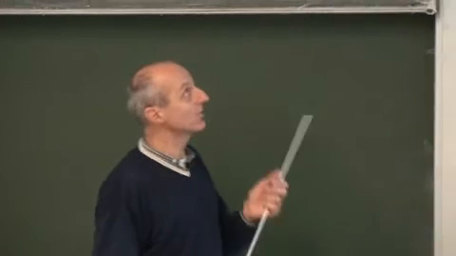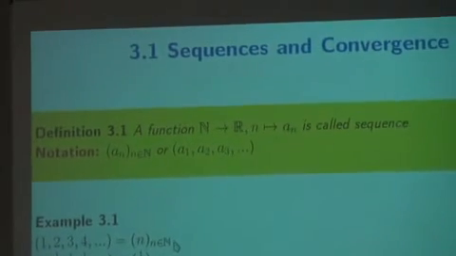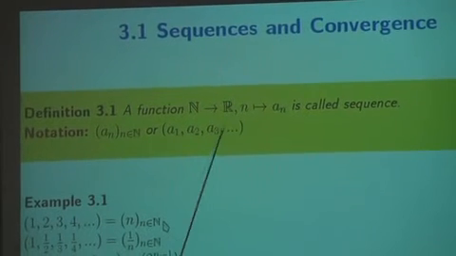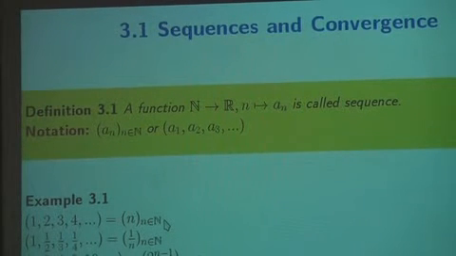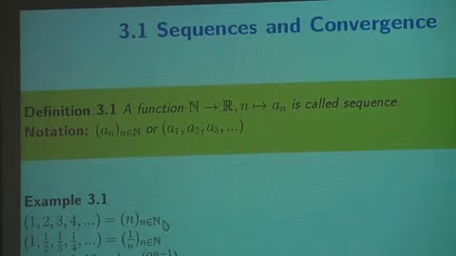Okay, so we start with sequences and convergence. What is a sequence? A sequence is a function from the natural numbers to the real numbers. Maybe this sounds a little bit abstract, but look at these examples. This is a sequence, 1, 1/2, 1/3, 1/4.